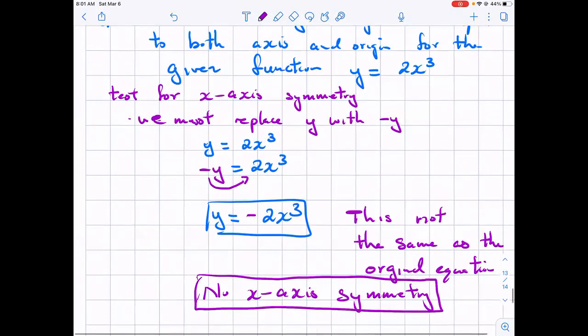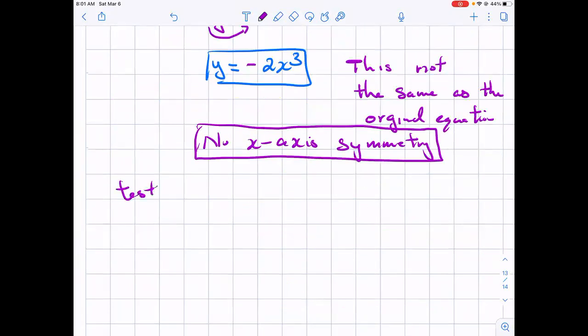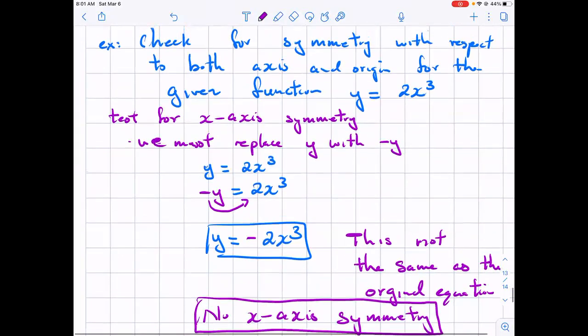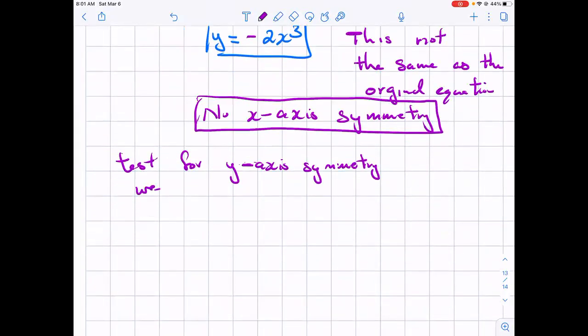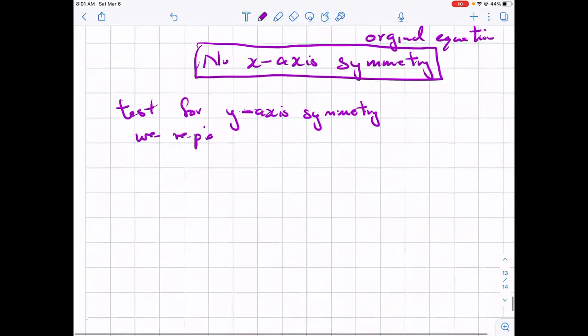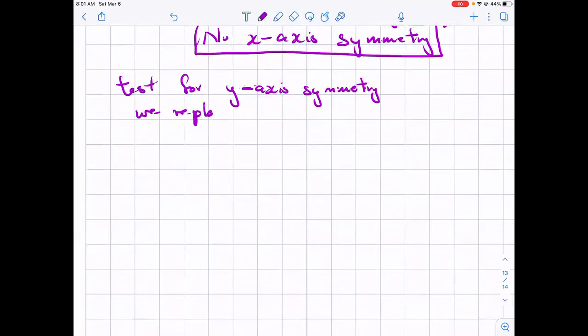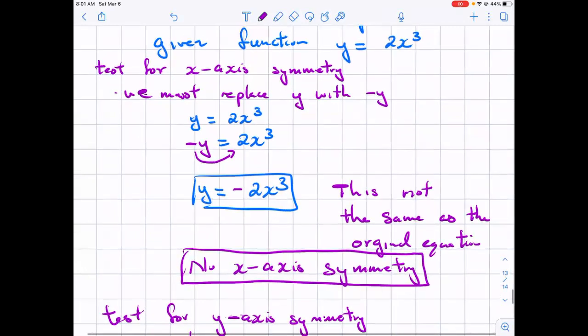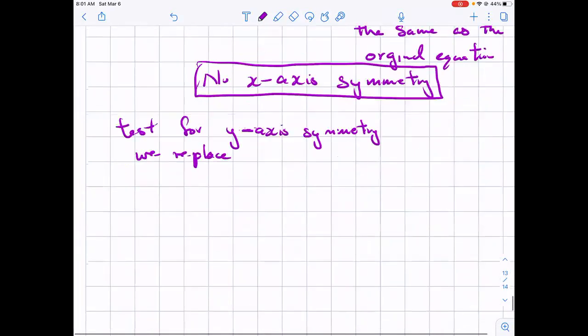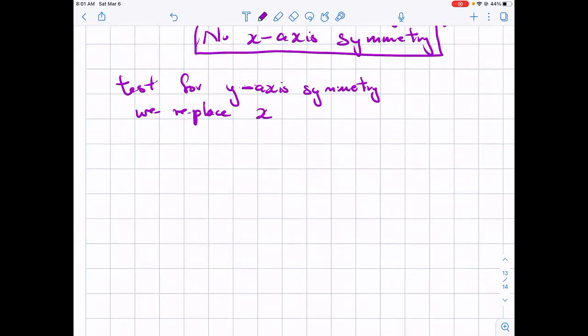Now let's test for y-axis symmetry. Okay. So for y-axis symmetry, what we did before was the x-axis. For y-axis symmetry, replace x with minus x.